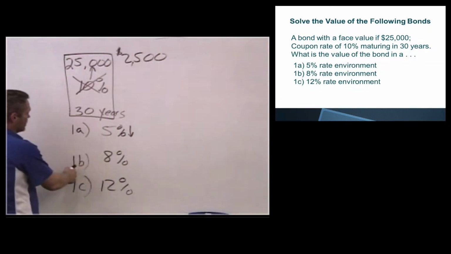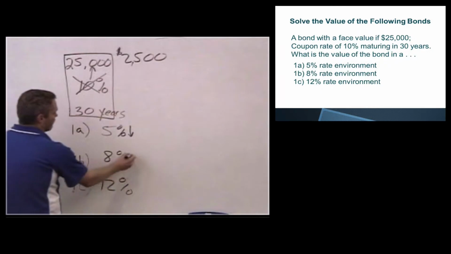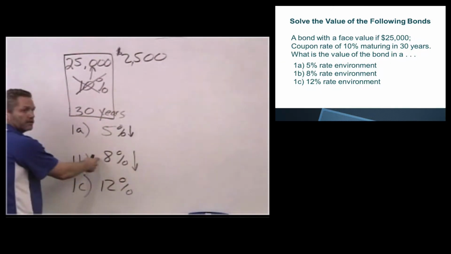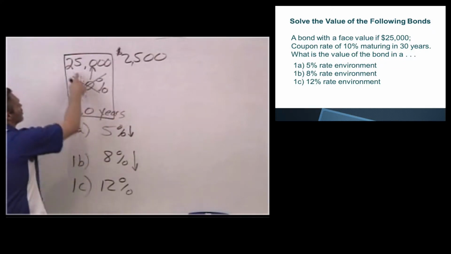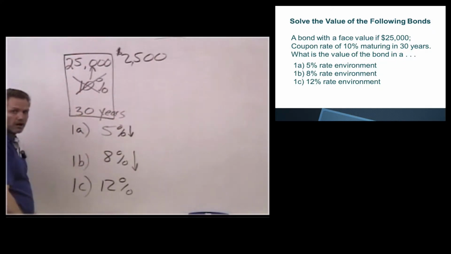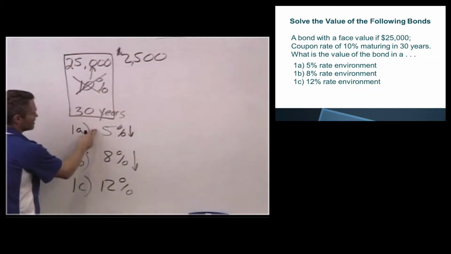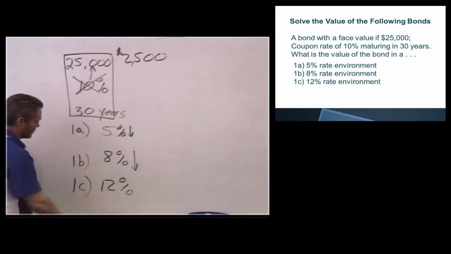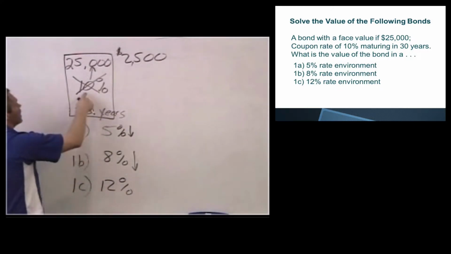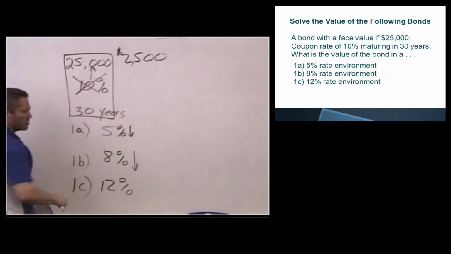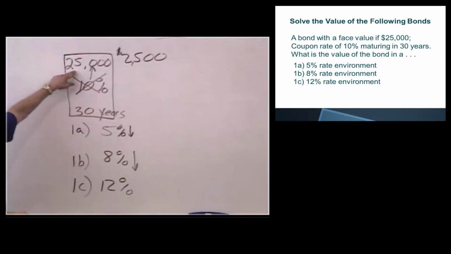In 1B, interest rates have fallen to 8%, and since value is inversely related, this one's going to be worth above $25,000 also, but because 8% is above 5%, this one is actually going to be worth less than 1A. With a 12% interest rate, the interest rate is above the coupon rate, so my answer here is going to end up lower than $25,000.